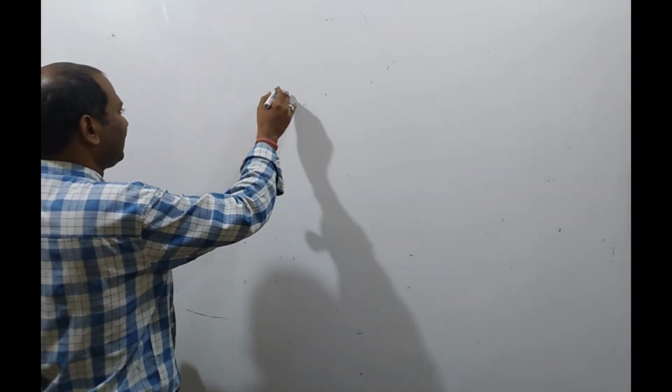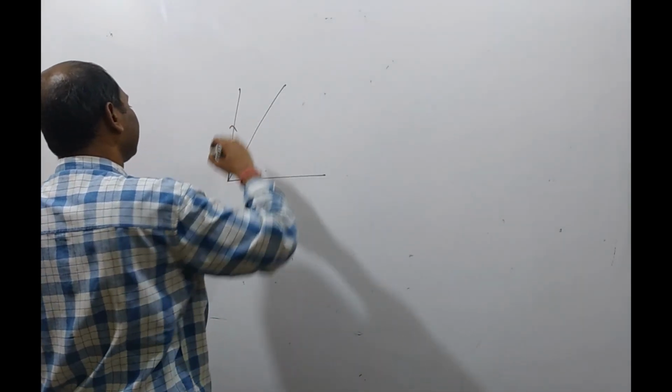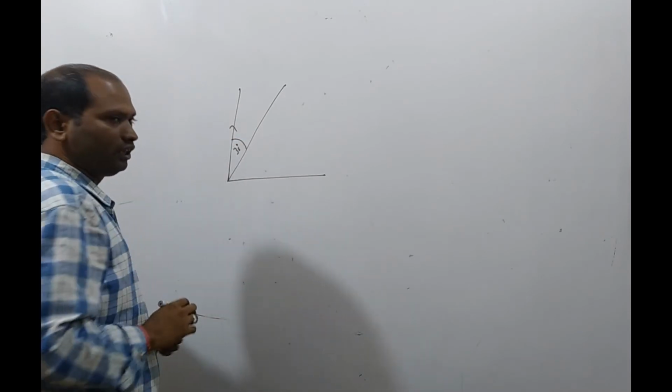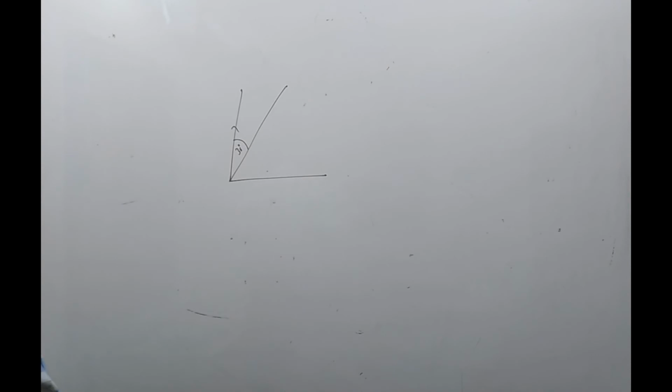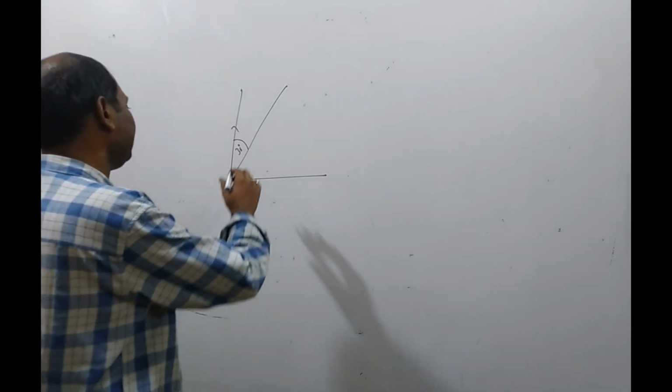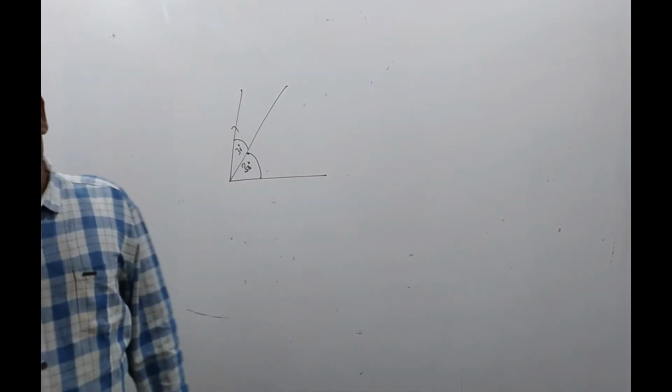Write down the question. A body is projected making an angle 30 degree with the inclined plane, and the angle of inclination is also 30 degree.